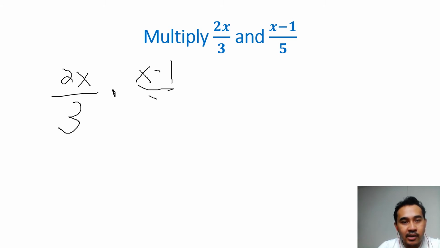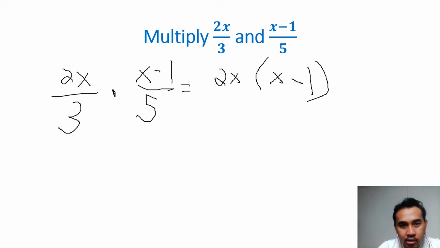Now, on the structure, you multiply everything in the numerator and then multiply in the denominator. So you have 2x times x minus 1, because you need to multiply, and then all over 3 times 5.